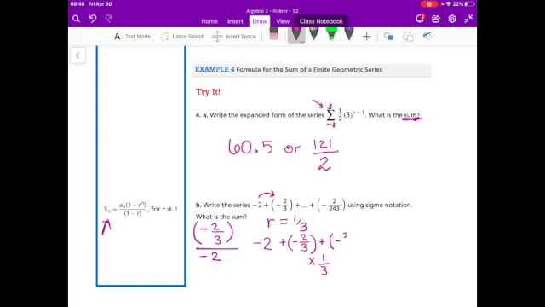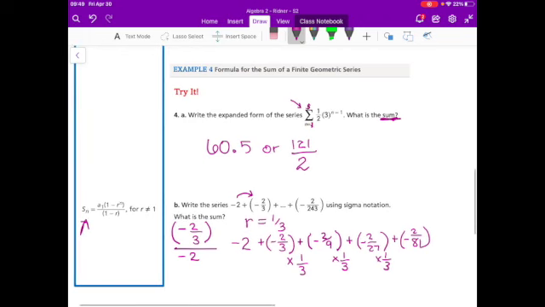So -2/9 is what I get when I multiply by 1/3. Then I take that answer and multiply by 1/3, and I get -2/27. I multiply that by 1/3, I get -2/81, times that by 1/3, and I get -2/243. I'm going to stop there because that's where it stopped up here.